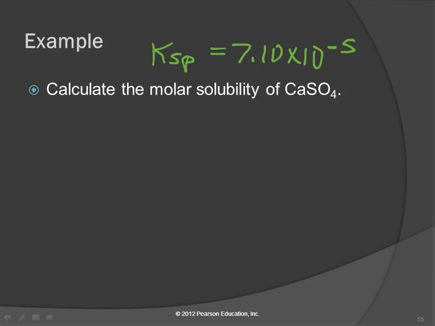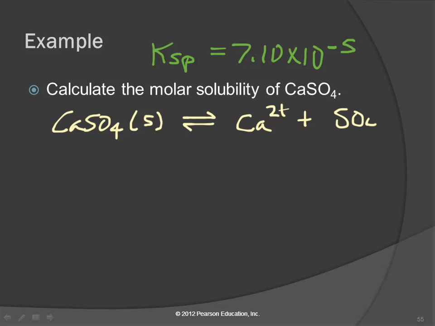We need to have the expression for KSP so that we can find out what the concentration is. So the calcium sulfate, we did barium, actually I think we maybe did calcium sulfate too, I don't remember. It was so long ago, like 10 minutes ago. So calcium sulfate will come apart into calcium ions and sulfate ions.